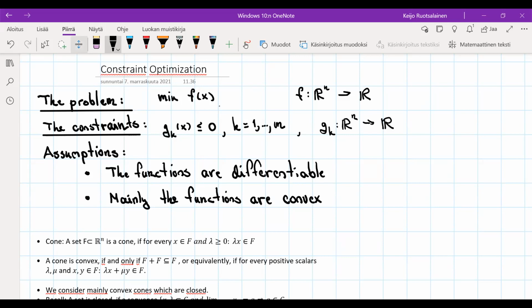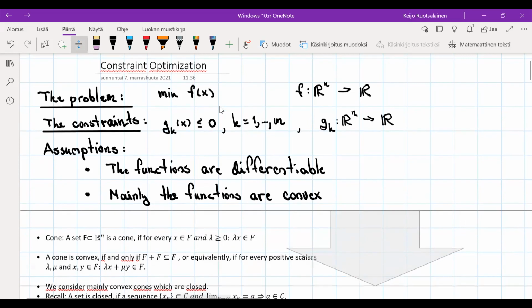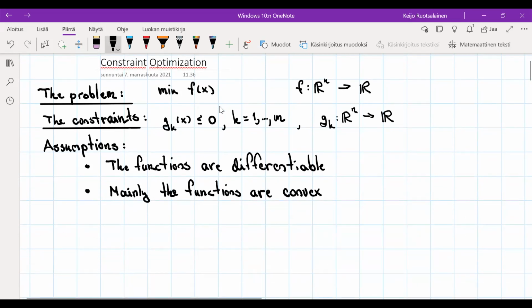So if we draw a picture, we have the constraint set. Let's use some other color, for example, the color red for the constraint set.